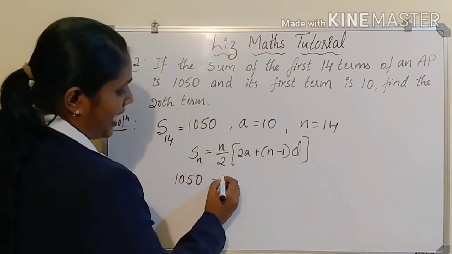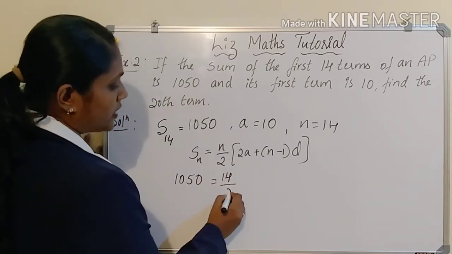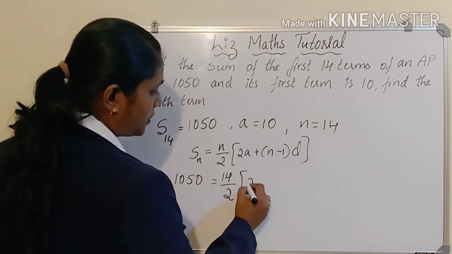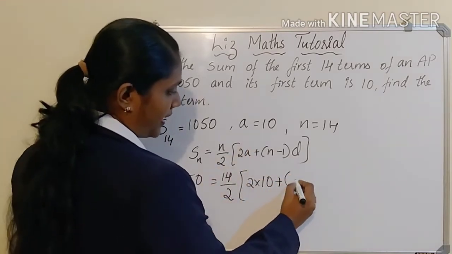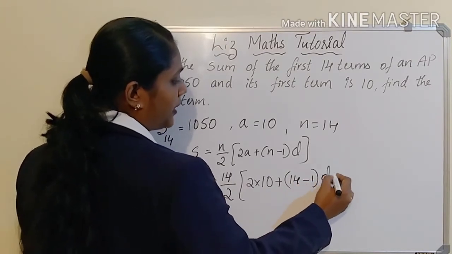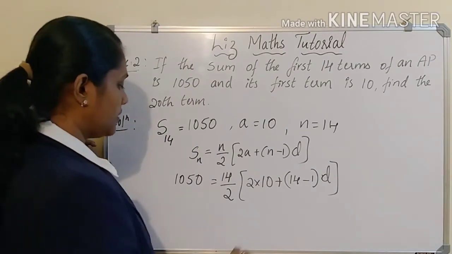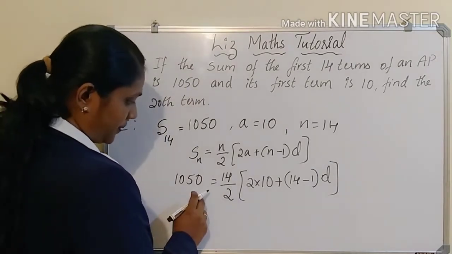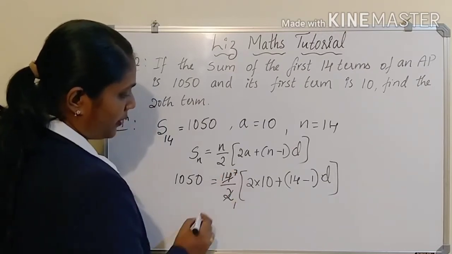Then what is n? N is nothing but 14, divided by 2, into 2 into a, which is given as 10, plus, in the bracket, n minus 1, that is 14 minus 1, into d, which we don't know, that d we are going to find out. So here 2 7s are 14, isn't it?